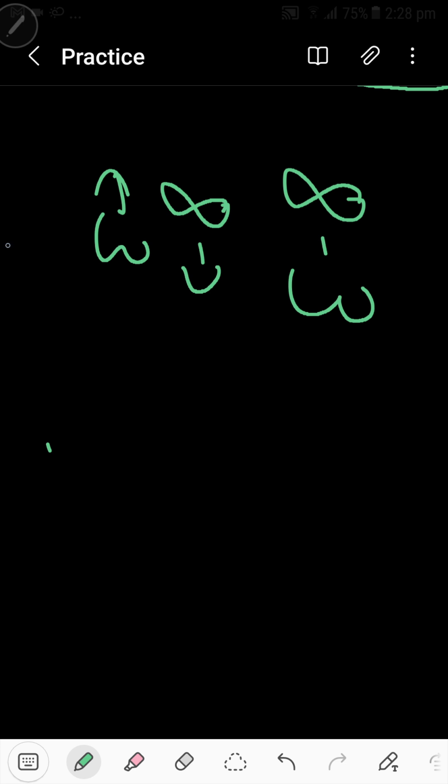So 7, 6, 5. We land on 5, and that's the answer. Similar to that, let's do 12 minus 5, which is very similar.